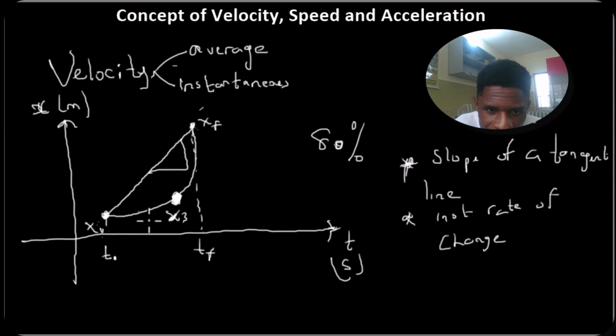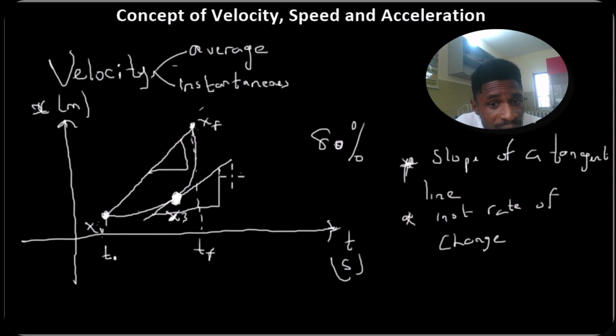So we'll draw a tangent line that touches this point at just this location. Then we say this line is tangent. Once we've done that, we can find the slope of this line. The slope of this line will be our instantaneous velocity.